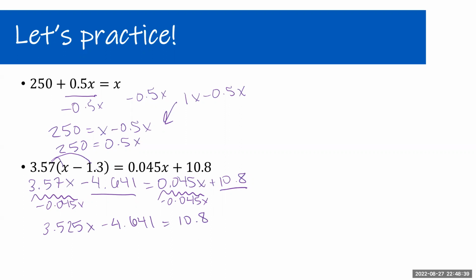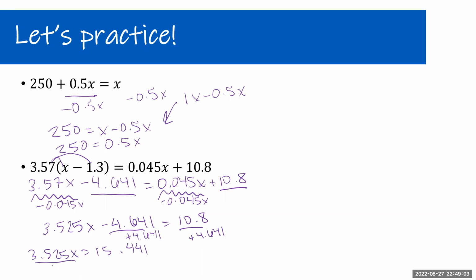Okay. Now I need to add this to both sides. And I'm left with 3.525x equals 15.441.